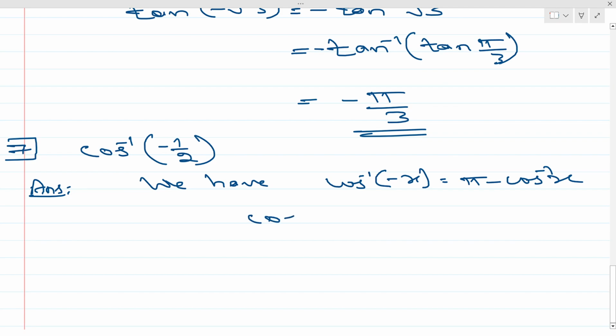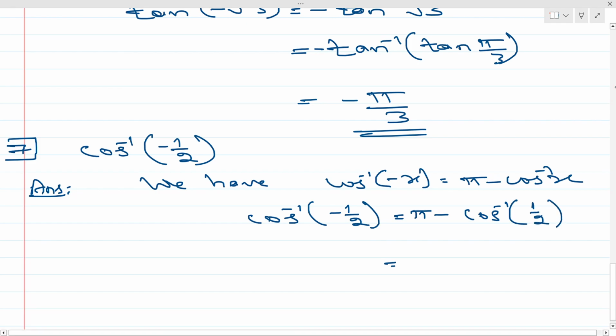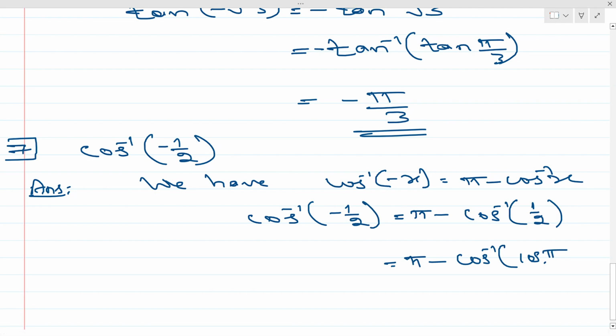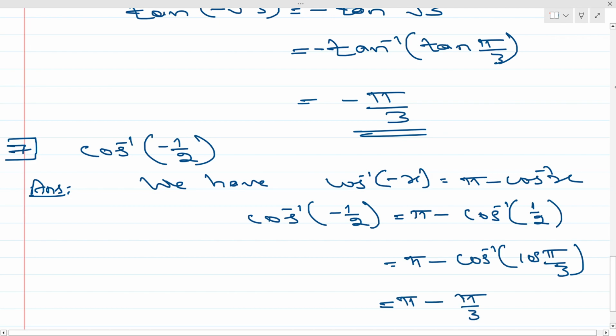Therefore, cos inverse minus 1 by 2 is pi minus cos inverse 1 by 2, and cos inverse 1 by 2 is pi minus cos inverse cos for 60 degree, pi by 3. So cos inverse cos cancels. Answer is pi minus pi by 3, that is 2 pi by 3.